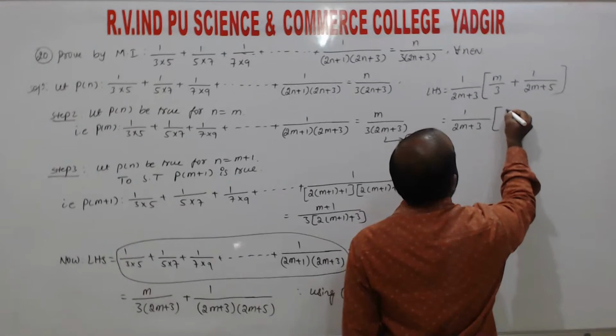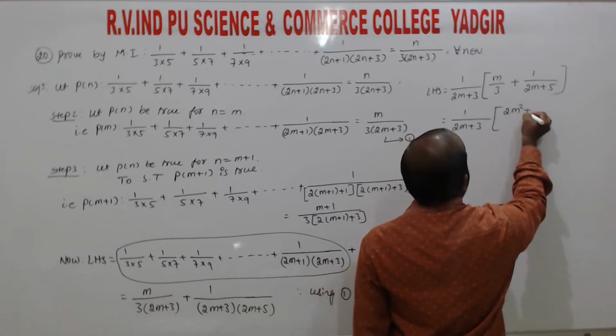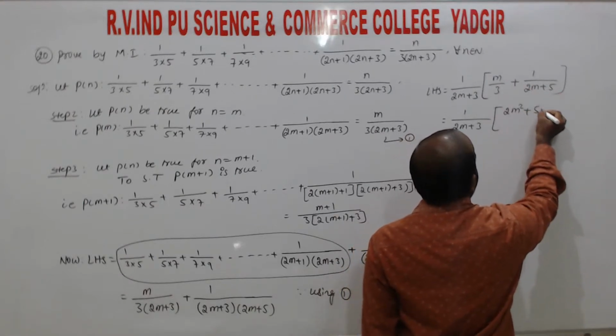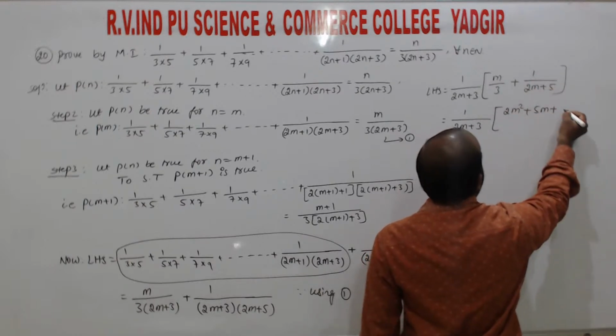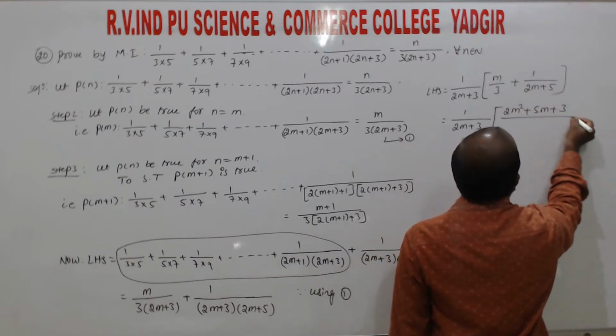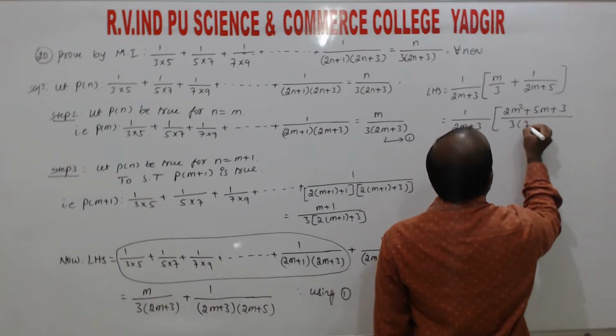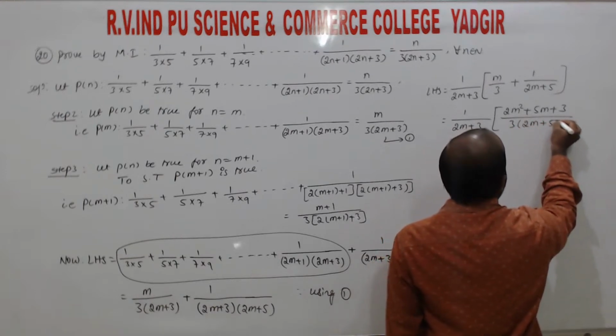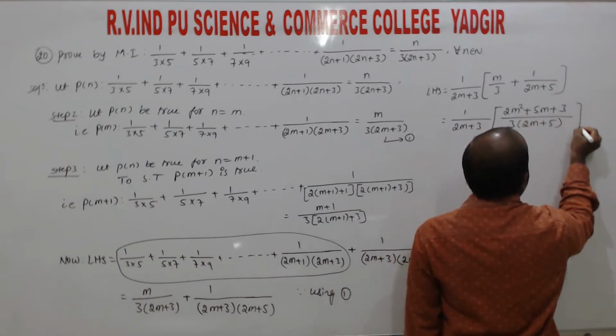2m into m, 2m square, plus 5 into m, 5m, plus 3 into 1, 3, whole divided by 3 into 2m plus 5. Okay.